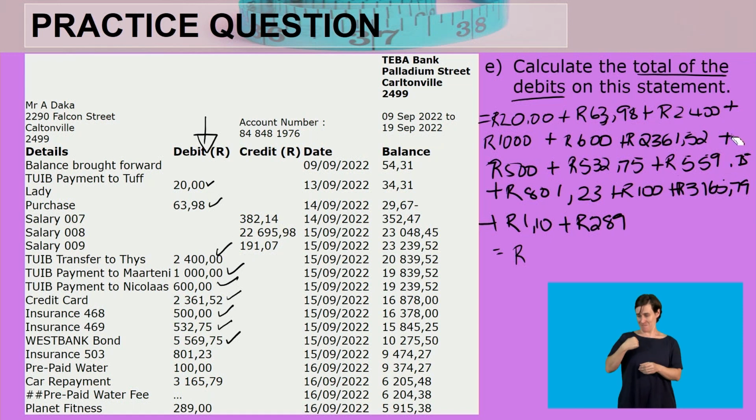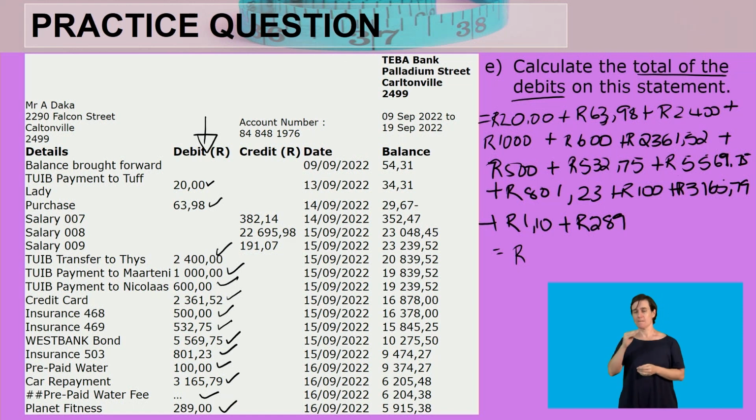It was supposed to be 5,569 rand 75. Then we have 801.23, we have 100, we have 3,165 rand 79, and we have that prepaid water fee of 1 rand 10 cents, and we have 289 rand.